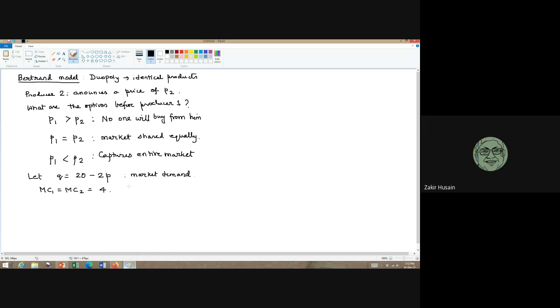If it is constant, then the total cost is simply given by 4Qi, where i is either 1 or 2, depending on who the producer is.